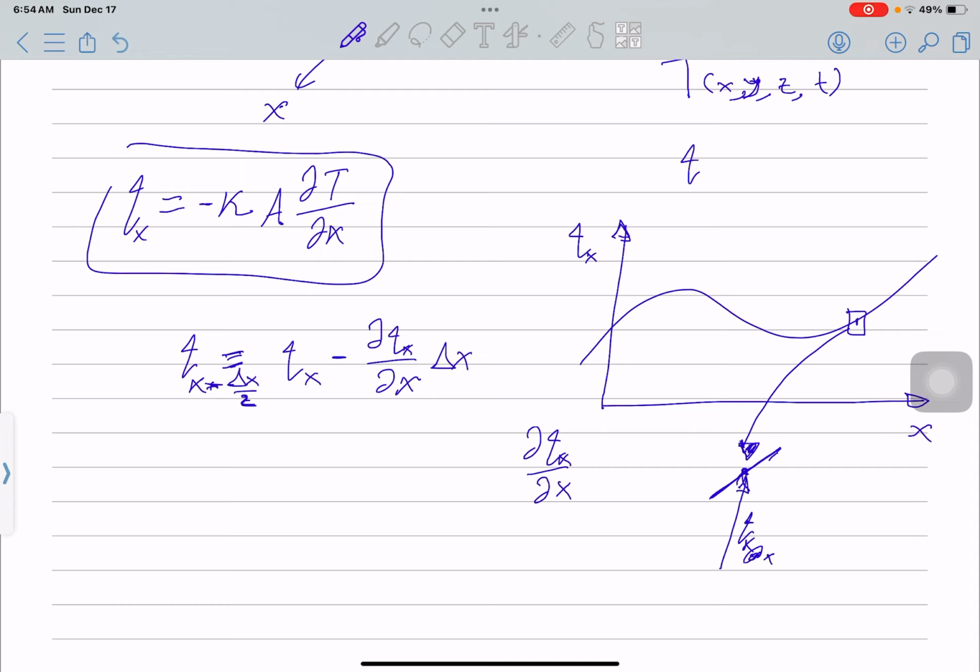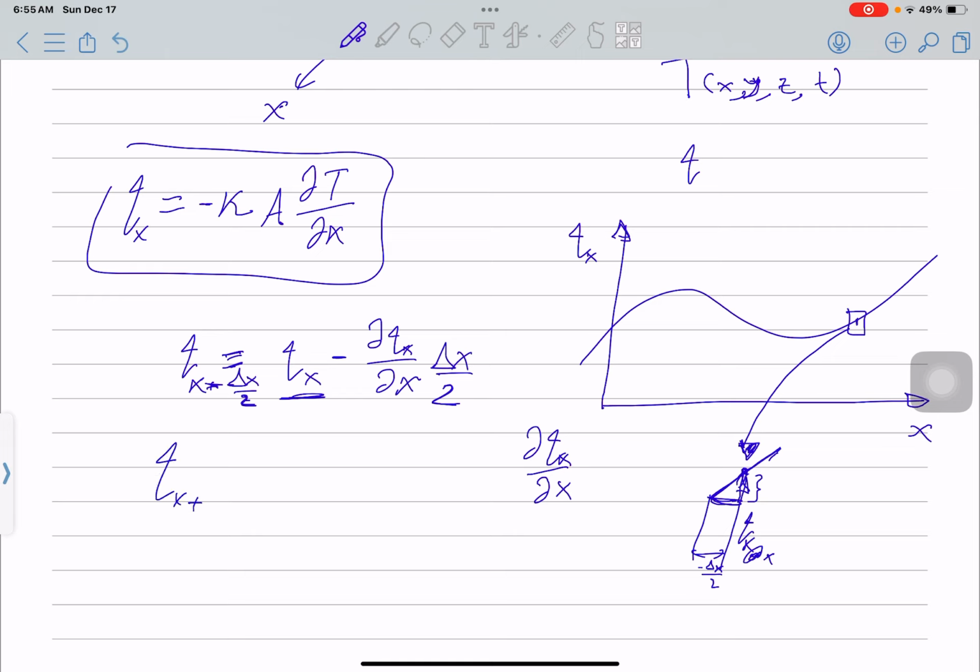So if we need Qx at x minus delta x over 2, as delta x approaches 0, we can use the slope approximation from calculus to say that Qx minus delta x over 2 will be equal to Qx minus the slope multiplied by the distance we moved, but it is in the negative x direction, so we will have a negative.